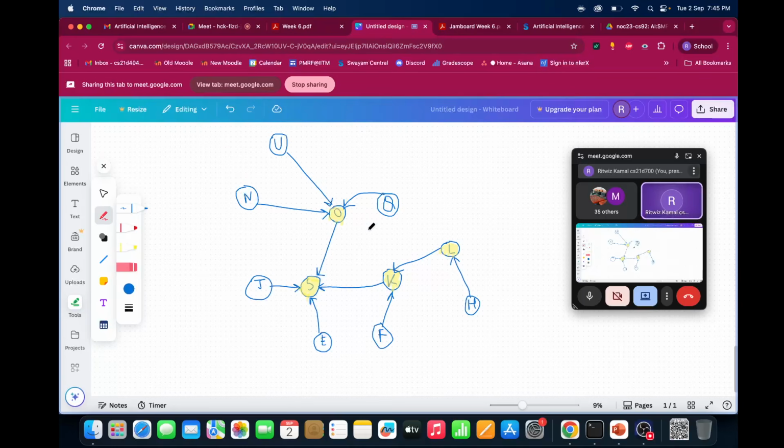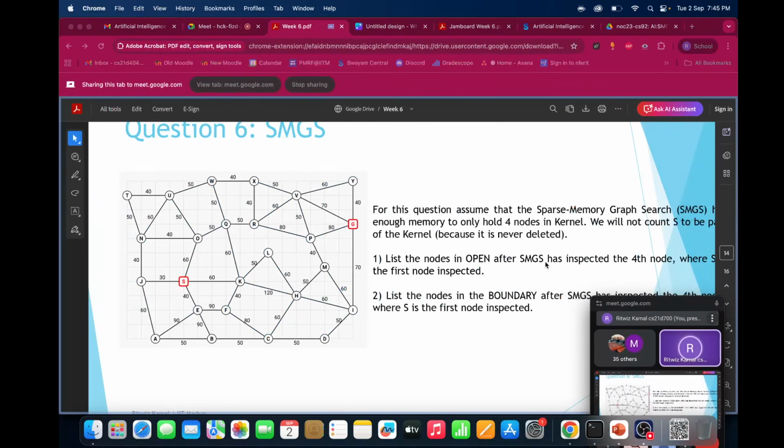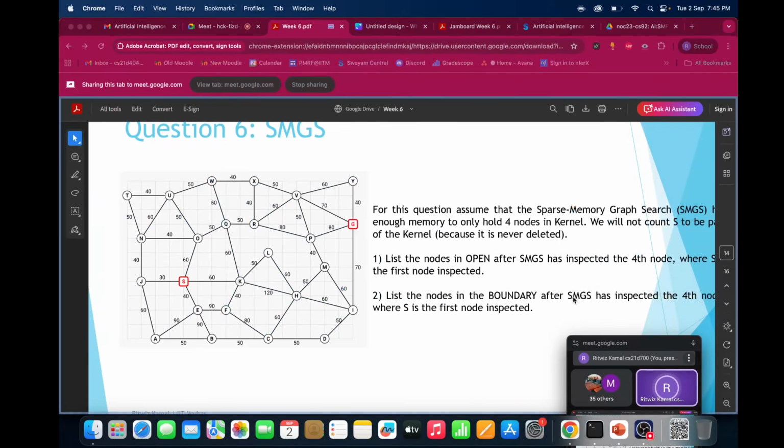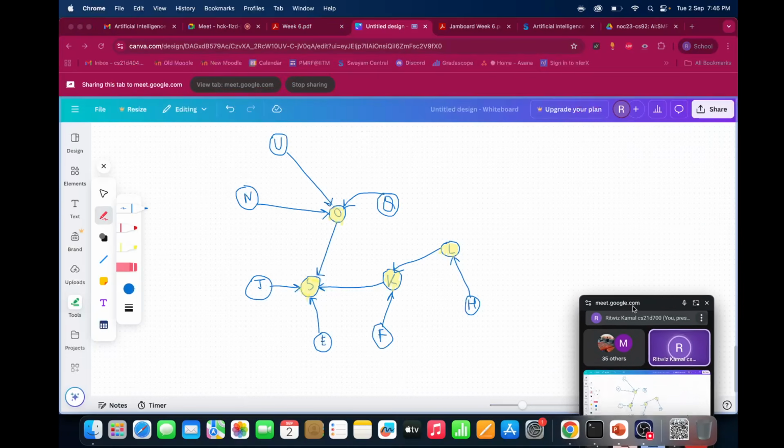Okay, and this was one point in which the question was asked, right? If we revisit the question, list the nodes in the open after A star has inspected the 4th node, and list the nodes in the boundary after A star has inspected the 4th node. So let's have a look at that. It's easy to say what are the nodes in the open list, right?